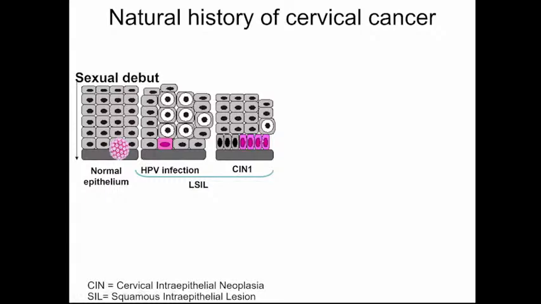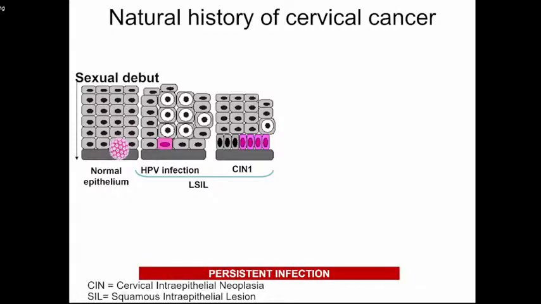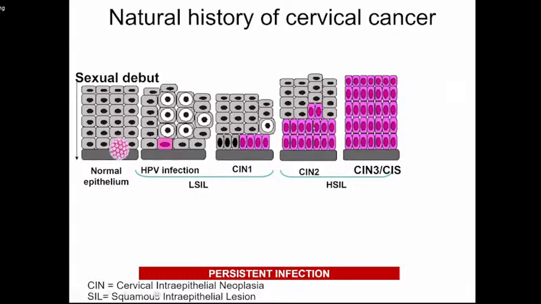So more and more cells become infected, and more cells change in the epithelium. It may become a persistent infection, and more cells become not only infected, but they change both morphologically as well as molecularly. They become immortalized.